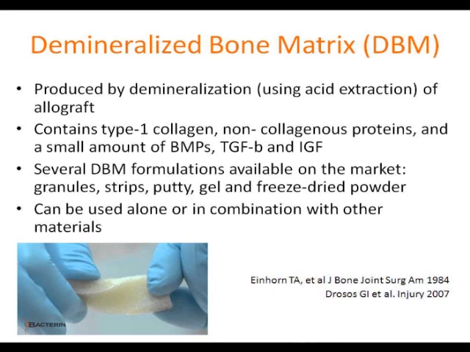Before that, we can also use demineralized bone matrix. This is produced from cadaver bone. There are banks selling this kind of material. It can be used alone or in combination with other materials. It comes off the shelf as granules, strips, putty, gel, freeze-dried powder, very expensive. And there are no level 1 studies in humans.